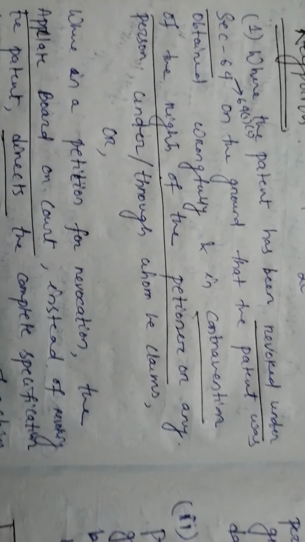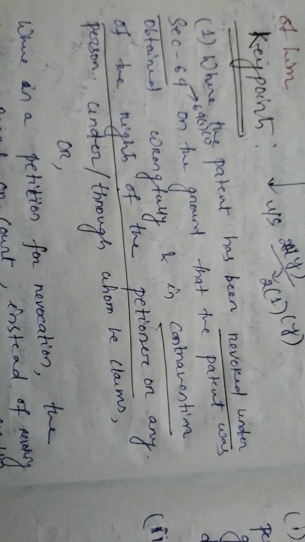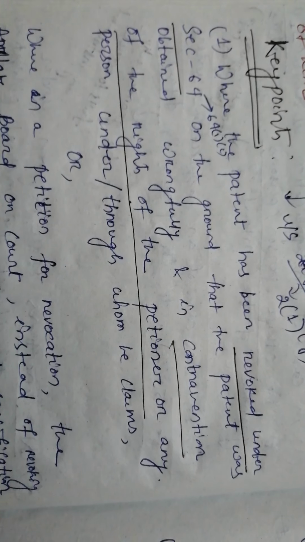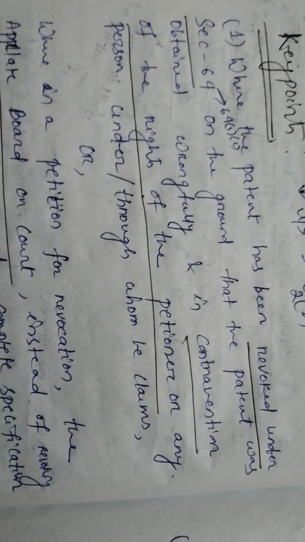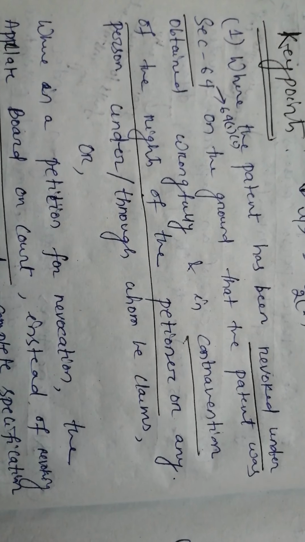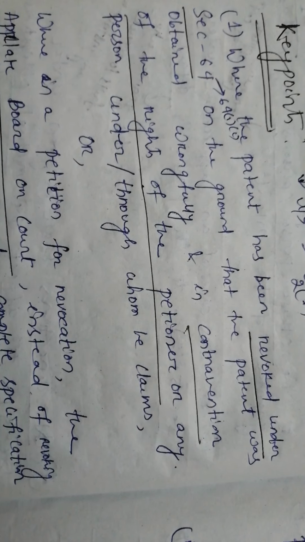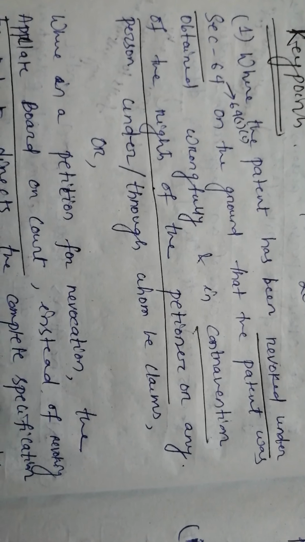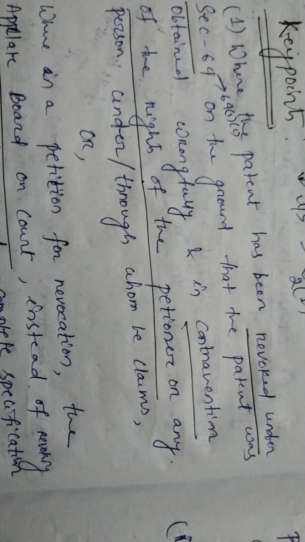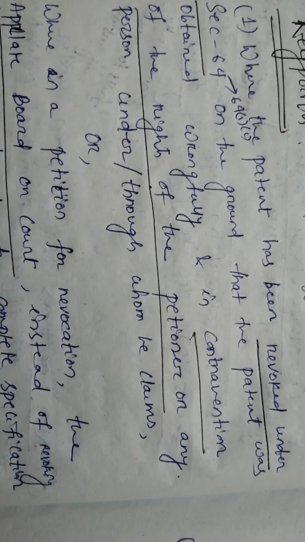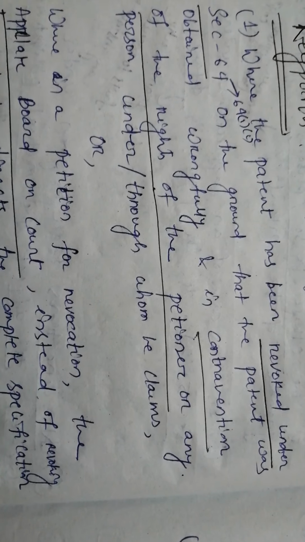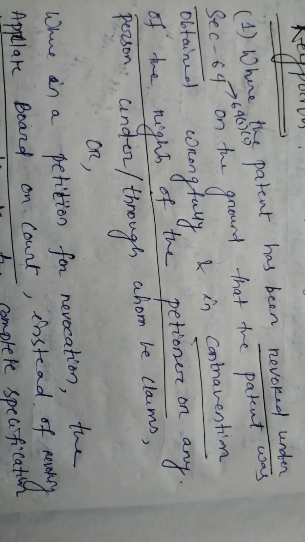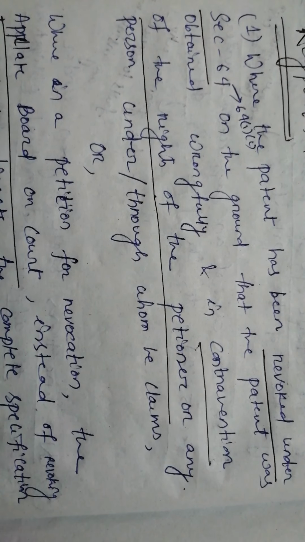The simple meaning I can explain is, suppose a patent is obtained wrongfully by a person in a fraud manner, and if it contravenes or violates the rights of the petitioner or the true and the first owner or true and the first inventor, then the patent is revoked under Section 64(1)(c), because we know the title of Section 64 is Revocation of Patents. These things we will study in detail while going through that section.